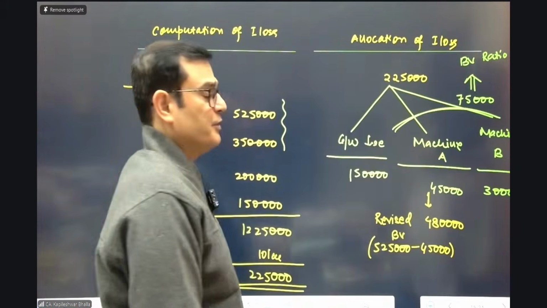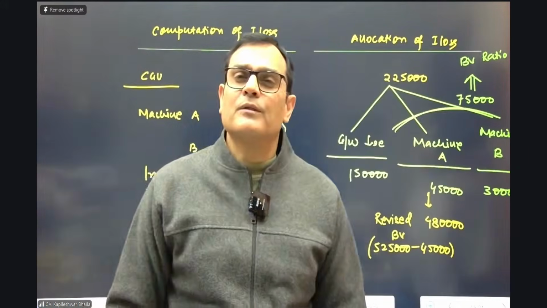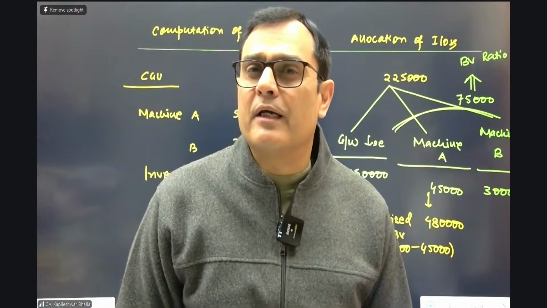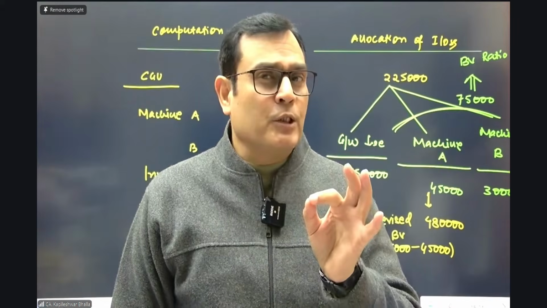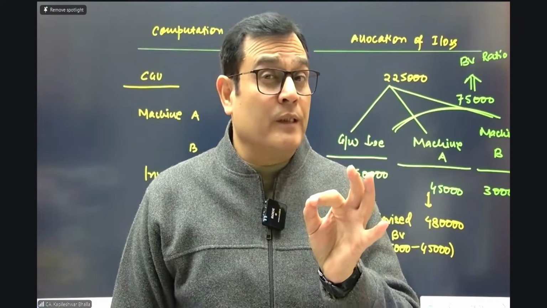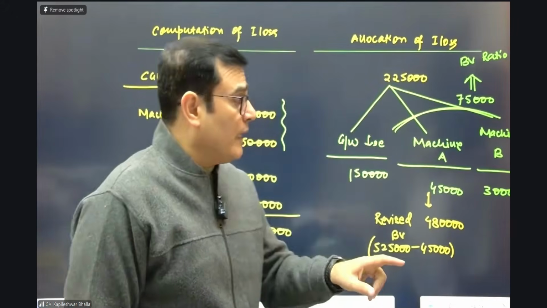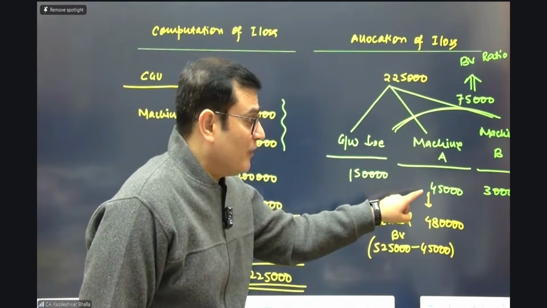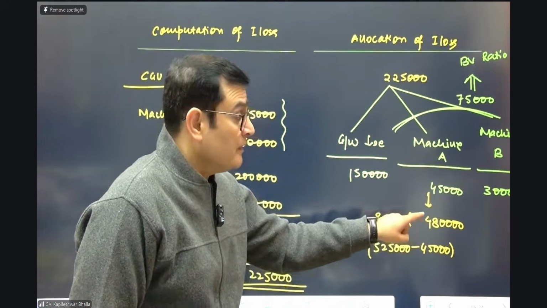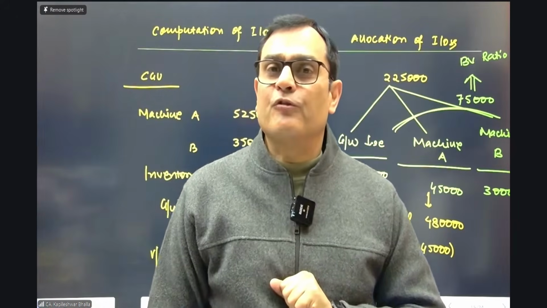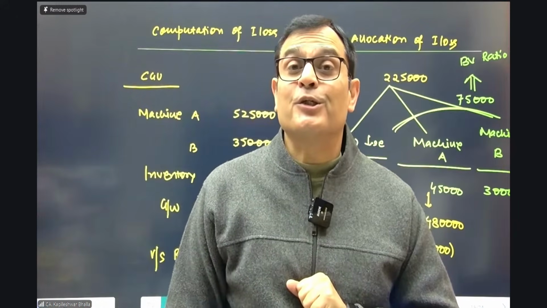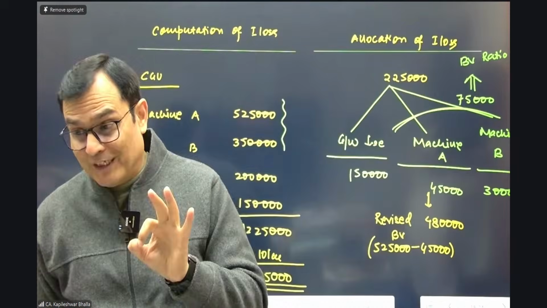But the problem is, can I allow this machine to go below the recoverable amount of A? What do you say? In the working note, we have already calculated the recoverable amount of A. Will I be able to afford 45,000 allocation to A? Let the revised book value go below the figure which we calculated, 489. The answer is no.